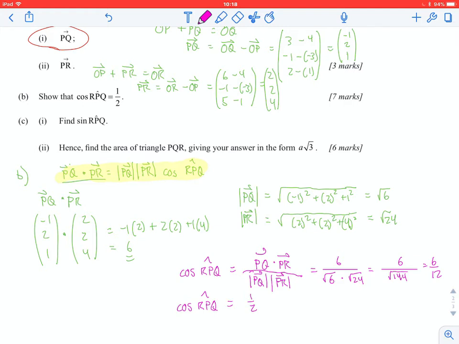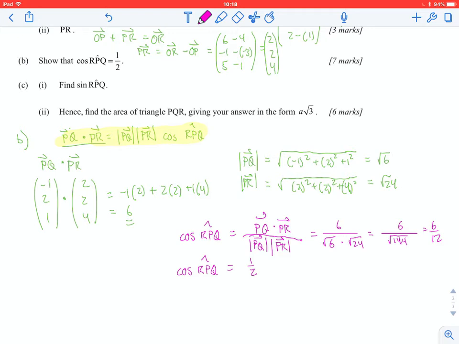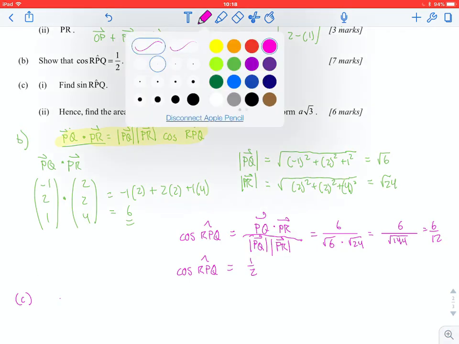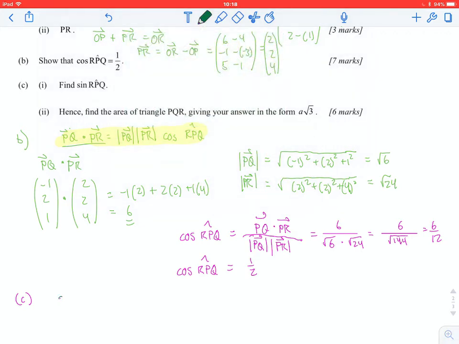Part C asks us to find sine of RPQ. At this point, this problem stops being a vector problem and starts being a trigonometry problem, which is great for the purposes of our review. If you know cosine, how do we find sine? One thing you might get from your formula booklet is the identity that sine squared theta plus cosine squared theta is always equal to 1.